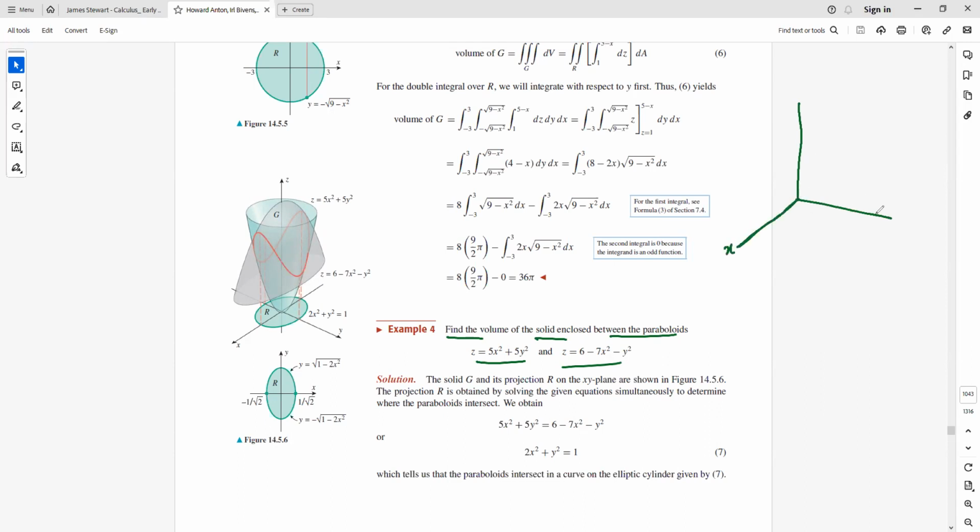This is x, y, and z. The first paraboloid has its vertex at the origin, and it is cup up like this. It looks like this. This is the paraboloid.